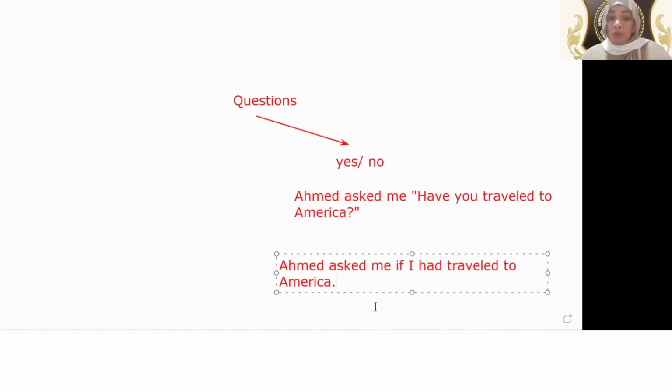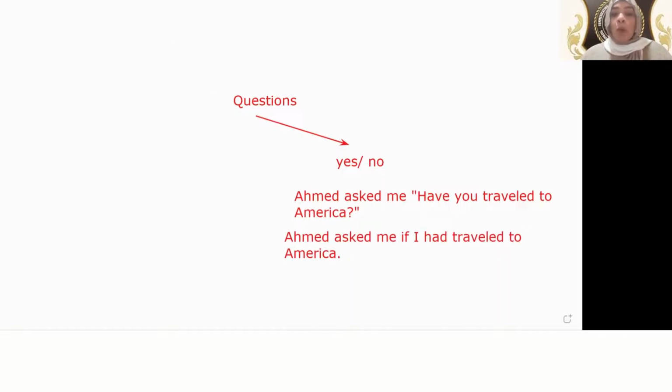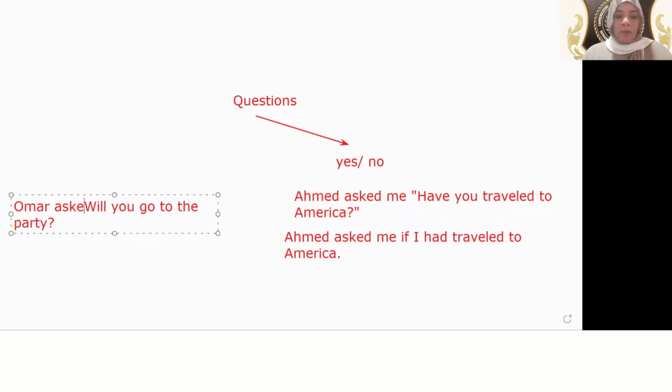How about if the question starts with will? Also, it's a yes or no question using a modal verb, will. Will you go to the party? Okay, and here we will say that Omar asked me, will you go to the party?